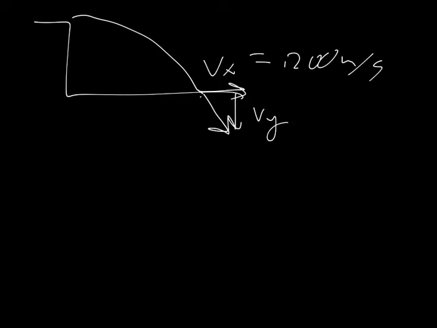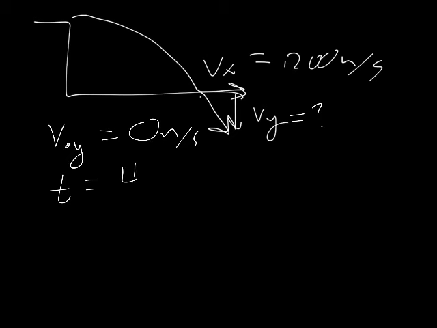Vertically now, I don't know the final velocity. If we want to find this, we know initially the vertical velocity was 0 meters per second, right? Does that make sense? We know several things. We know that it fell for 4 seconds. We also know that the acceleration was gravity.